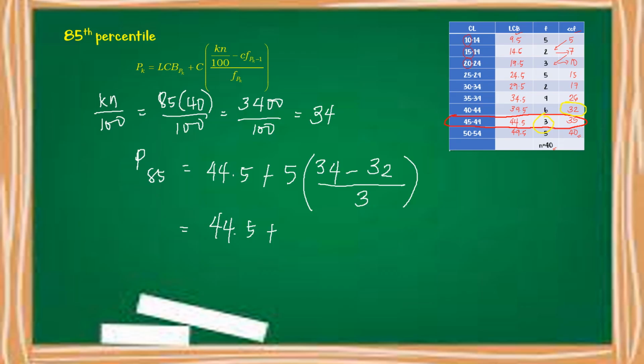Let's solve first 34 minus 32, which is 2, divided by 3, which is 0.667. Then 0.667 times 5 plus 44.5. The answer is 47.835. So that is our 85th percentile.